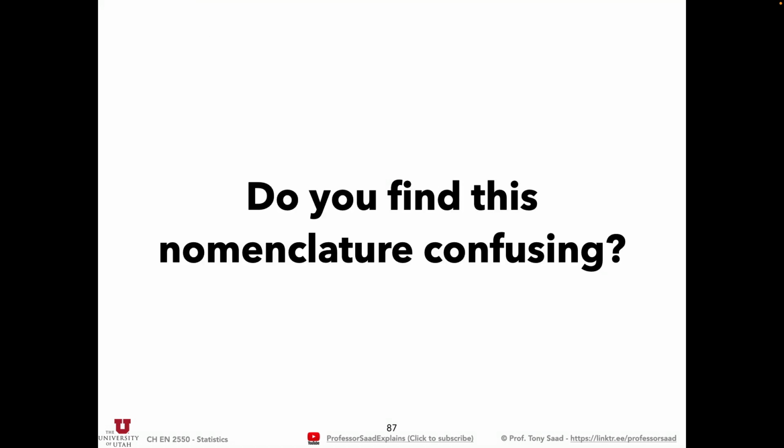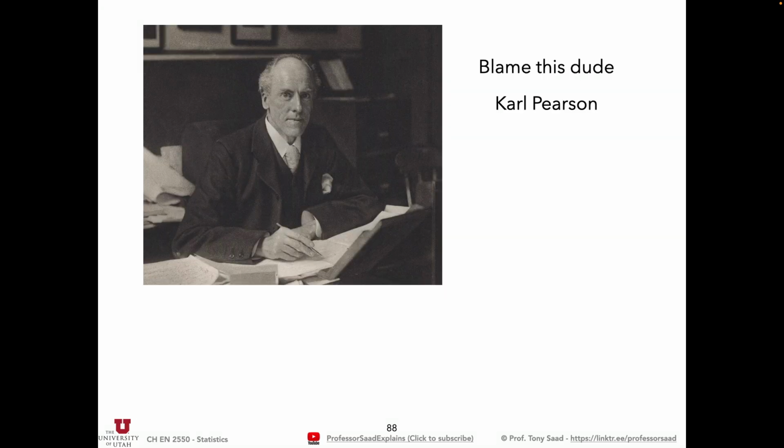If you find this nomenclature confusing, like I do, you have to blame this guy, Karl Pearson. He's a big name in statistics. In fact, Pearson Education, Pearson Press, are named after him. Look at him. I'm going to turn off the lights a little bit. He's looking at the future, like, I'm going to mess up every generation with this confusing nomenclature that I invented.